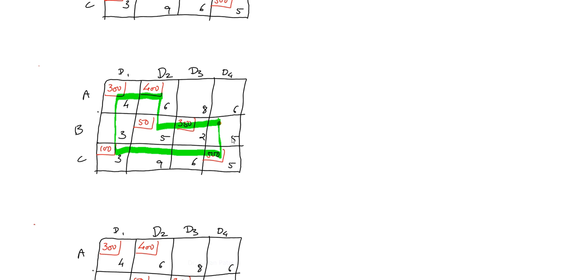So for B to D4, the loop is: from here we are going towards here, then here, from here, here, here, and come back. So here it will be plus, minus, plus, minus, plus, and minus.